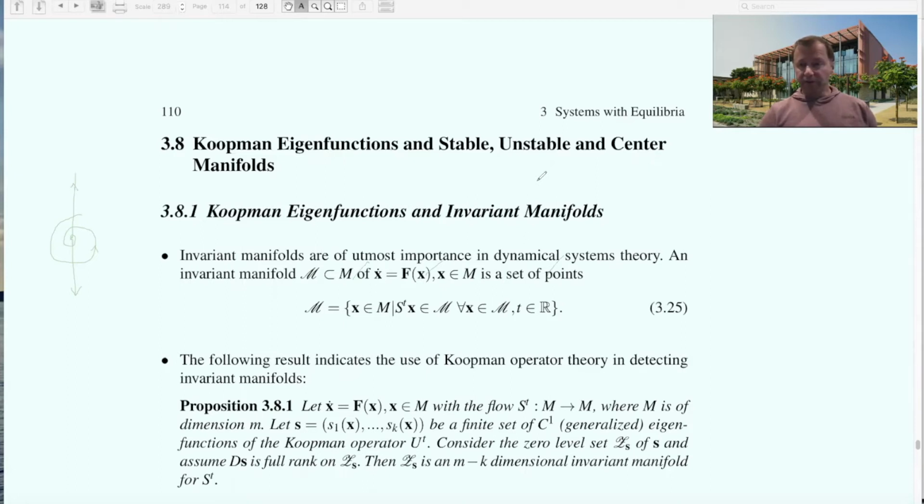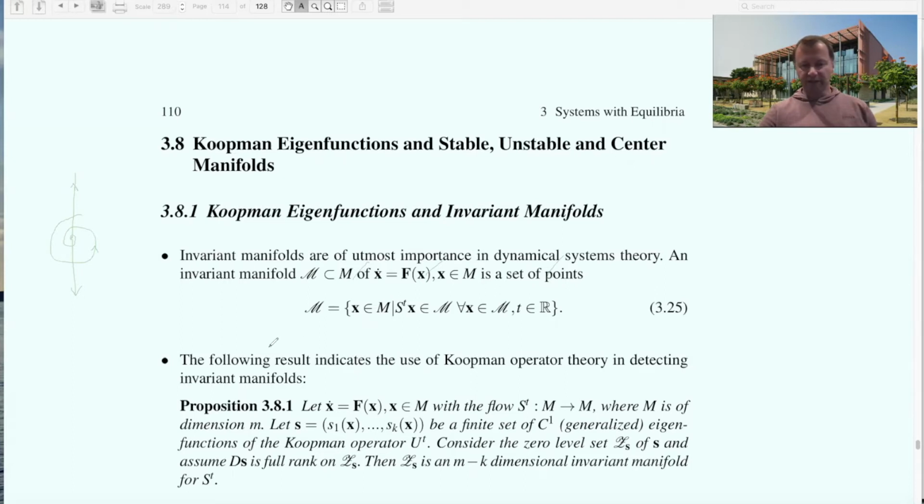One of the most important things to know about in such a case is the invariant manifolds associated with the stable, unstable, and center motion. Now, in linear systems, we had stable, unstable, and center subspaces. In nonlinear systems, we have stable, unstable, and center manifolds.